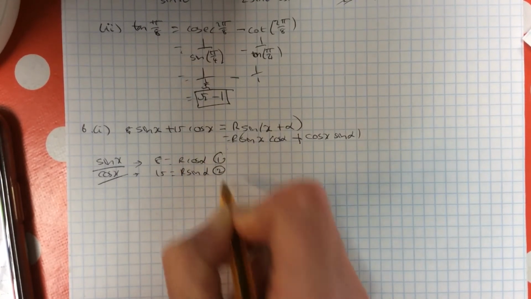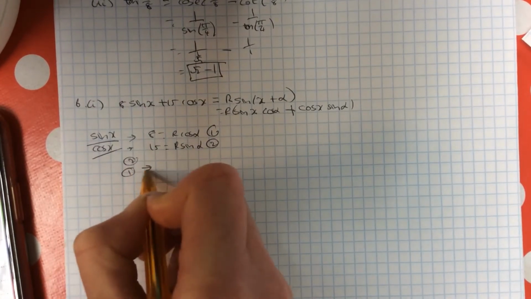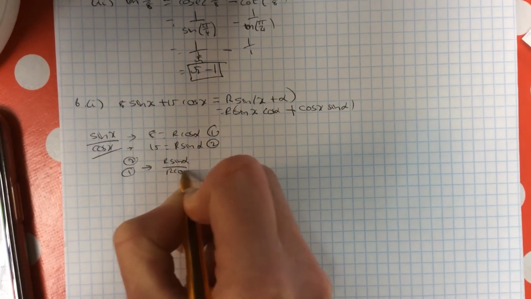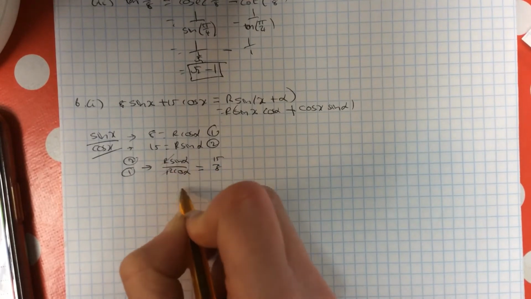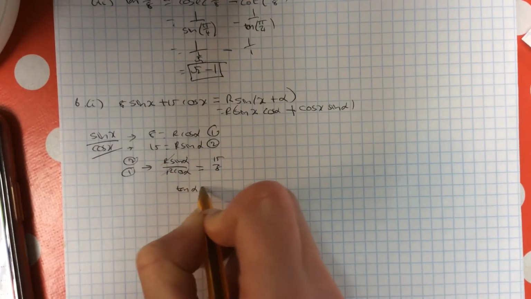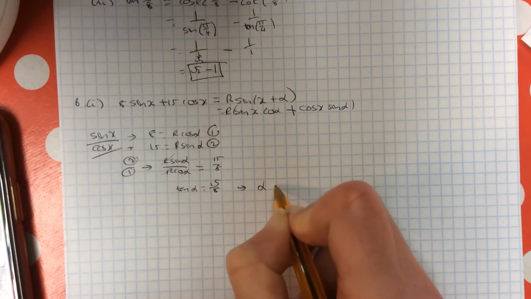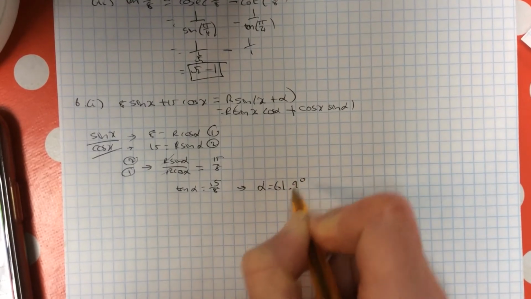Equation 1 and equation 2. If you put equation 2 over equation 1, you get r sine alpha over r cos alpha equals 15 over 8. The r's cancel, sine over cos is tan, so tan alpha is 15 over 8, and do inverse tan for that to give you alpha to be 61.9 degrees.